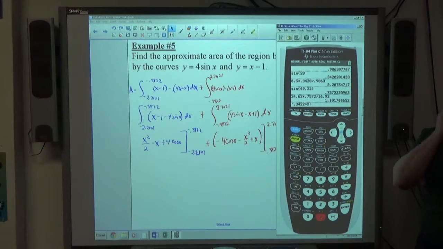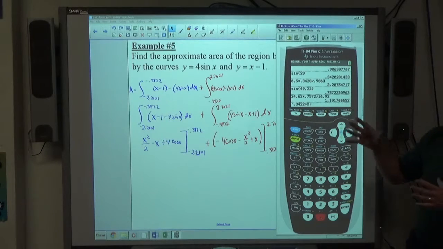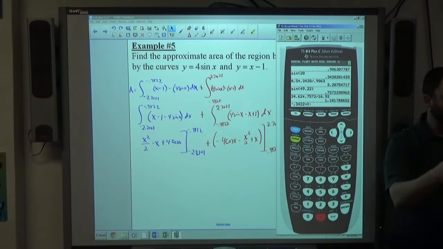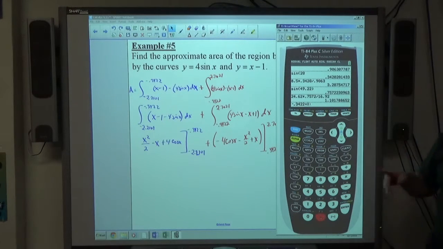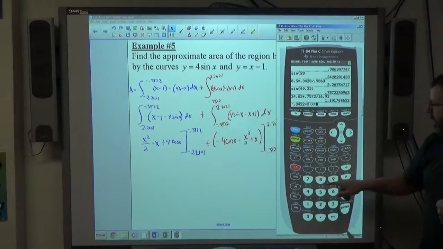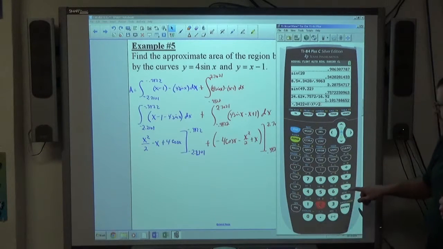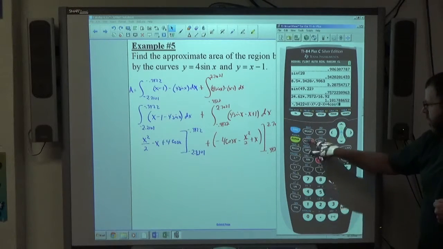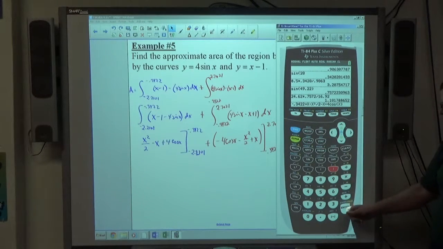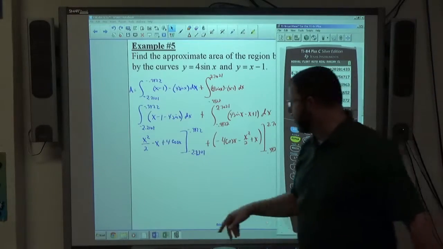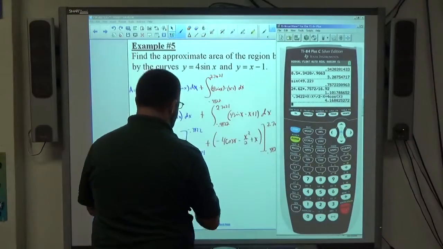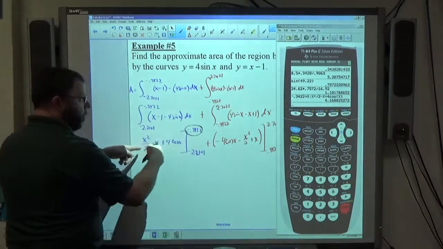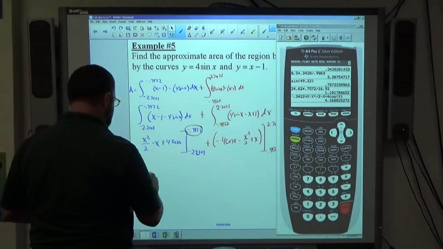So what the colon does, I've given it a command, now I'm going to tell it to evaluate something. So I'm going to evaluate x squared divided by 2 minus x plus 4 cosine of x. I hit enter, and it tells me what that is. So what that represents is when I put this number in, I evaluated this, I got 4.1688.